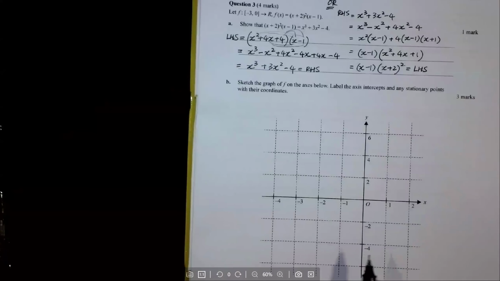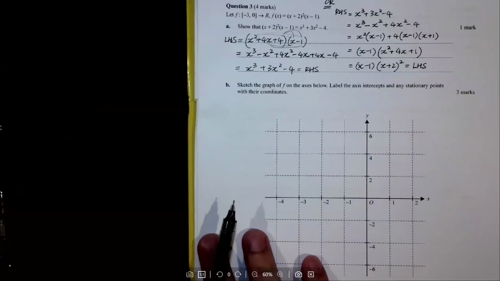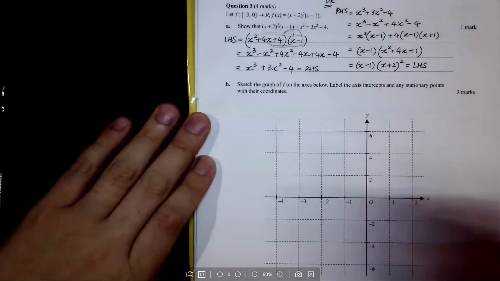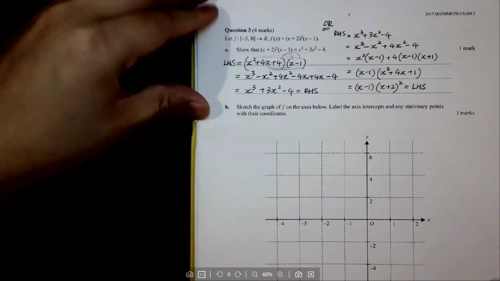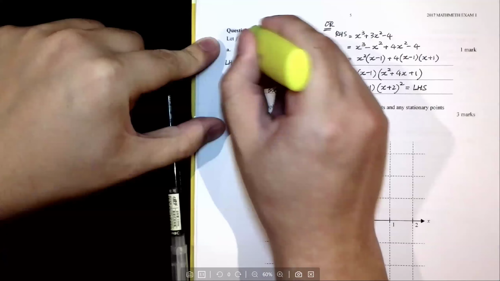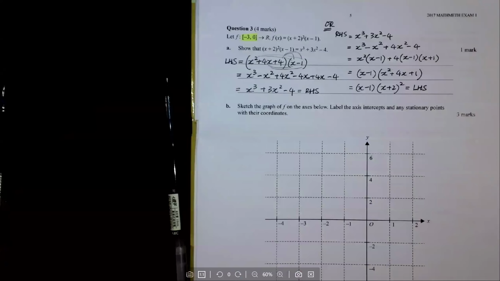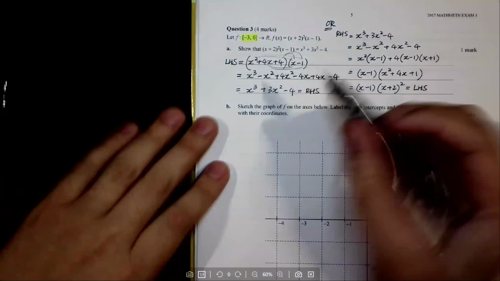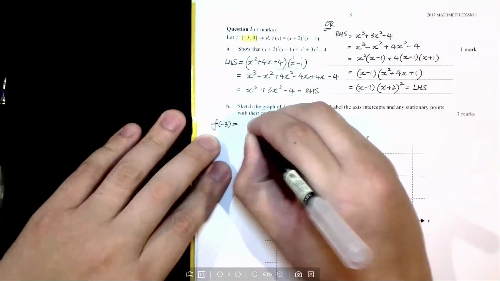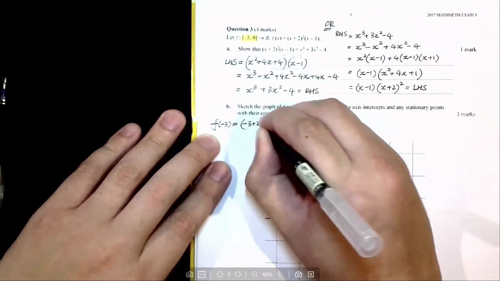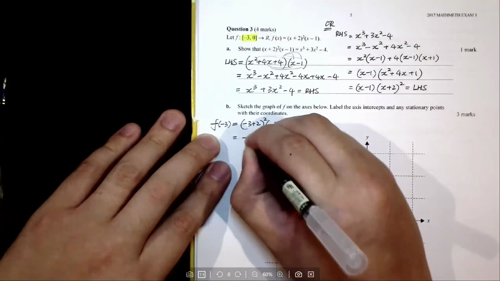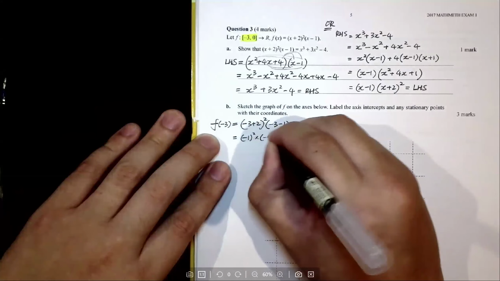Next one, you want to sketch the graph of f on the axis below. Label the axis, intercept, and any stationary point with their coordinates. So just notice the domain restriction is -3 to 0, and you have to notice that you need to address the two endpoints. For example, f of -3 is equal to -3 plus 2, bracket square, and -3 take 1. So that is -1 squared times -4.